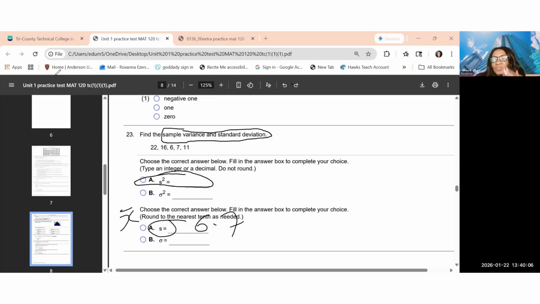Select sample standard deviation, which is number 3, and then I square it. Why do I want to square it? I'm looking for sample variance. Standard deviation multiplied by standard deviation is variance. So the sample variance is 44.3.